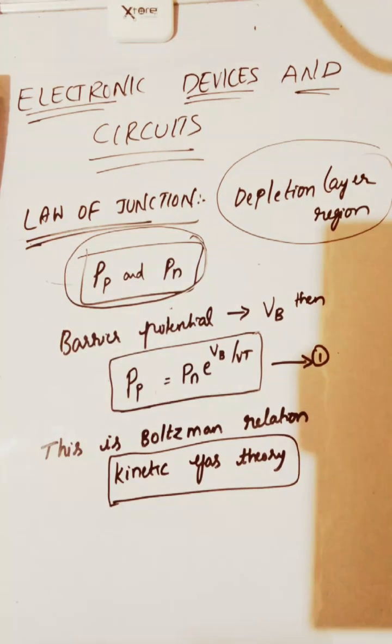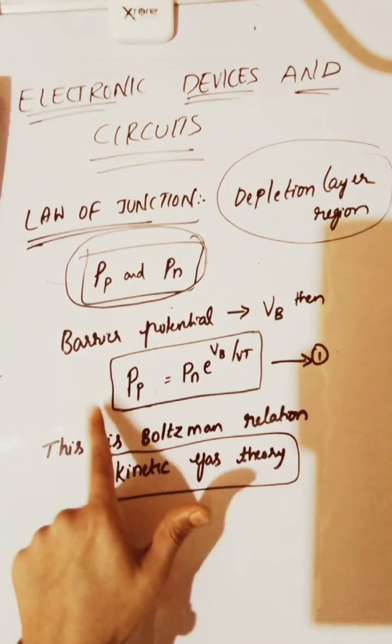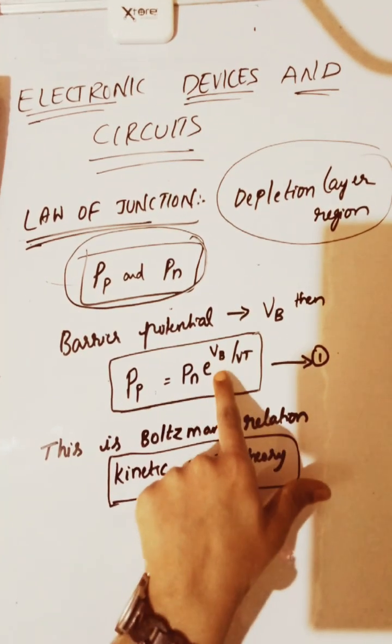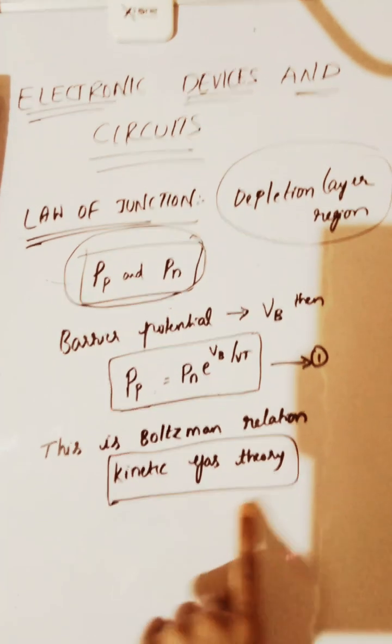The barrier potential for this depletion layer is VB, and PP is equal to PN e to the power of VB by VT. It is the Boltzmann relation for kinetic gas theory.